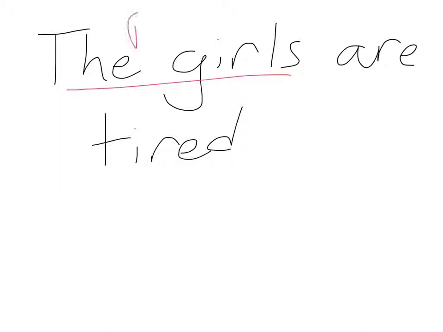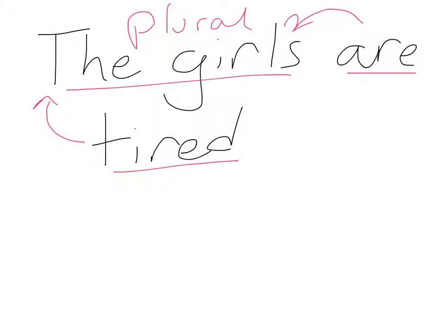This is plural. Okay? By nature of that being plural, everything else in our sentence, this adjective that's referring to the girls, this verb that's referring to the girls, those are all plural as well. So everything that we write in the sentence is going to need to have a plural ending on it. So let's take a look and see what we come up with.